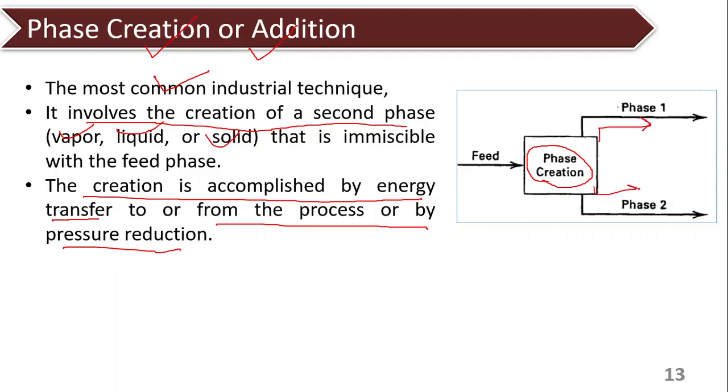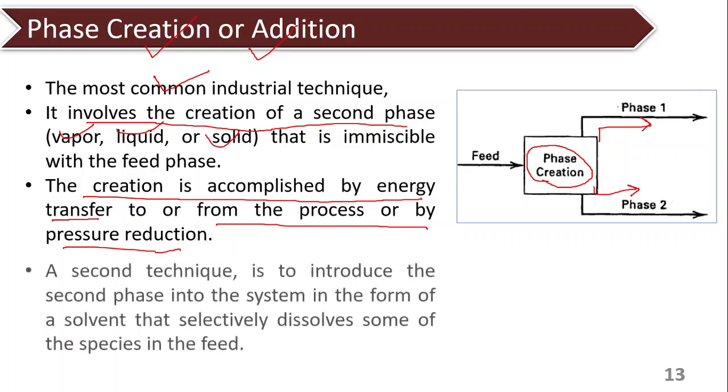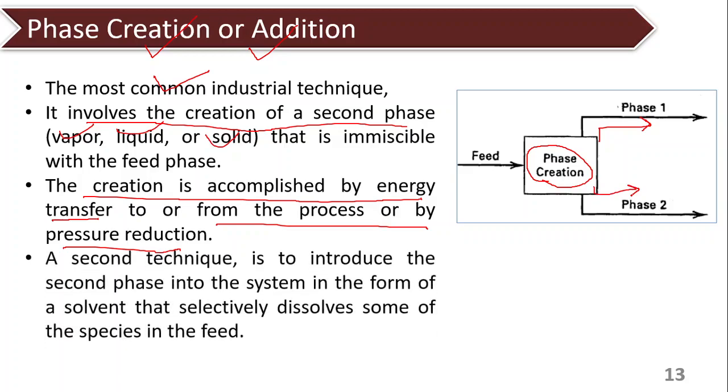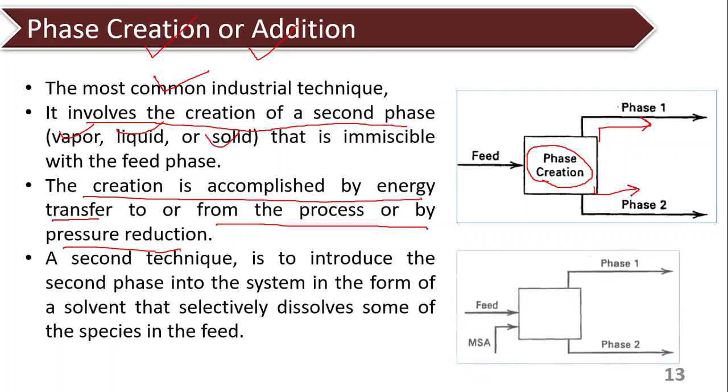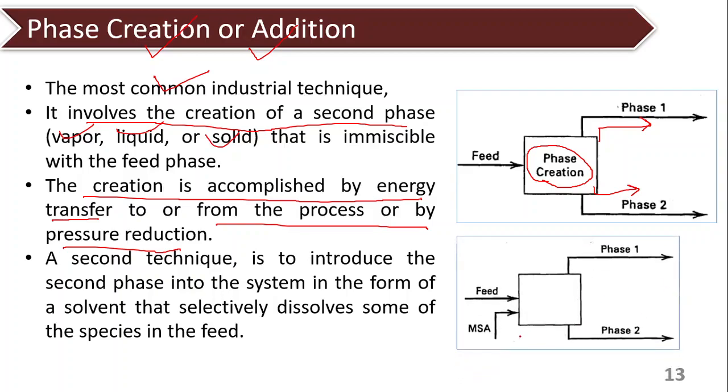These phases are separated very easily. Similarly, if we add one phase, as in this diagram, we add one material that helps to create a phase. In this way we are adding a phase, and separation is also possible. So this is about phase creation and phase addition.